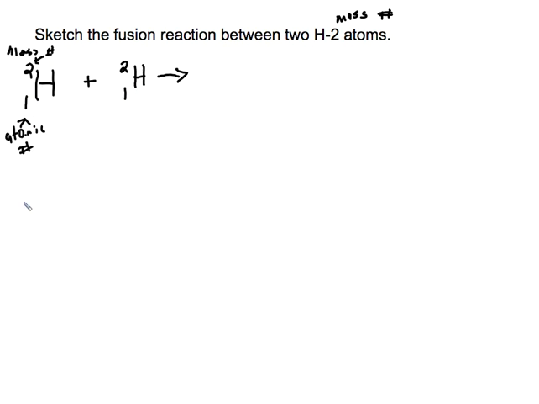Basically you're going to have something with one proton in the nucleus, and since it's hydrogen 2, it's going to have one neutron, one proton, one neutron. That's going to fuse together with another hydrogen that has one proton and one neutron in the nucleus.